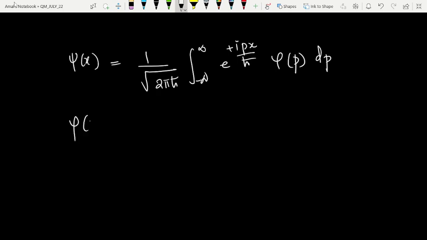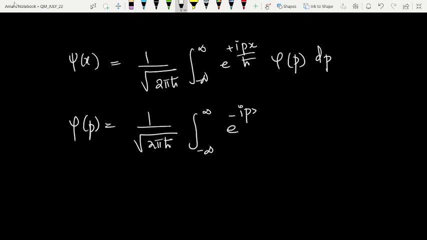Also phi of p is 1 by square root of 2 pi h cross. These constants are just a convention. There are many different conventions in Fourier transforms. So these are the relations. These are Fourier transforms.